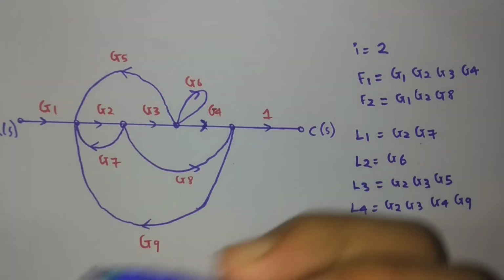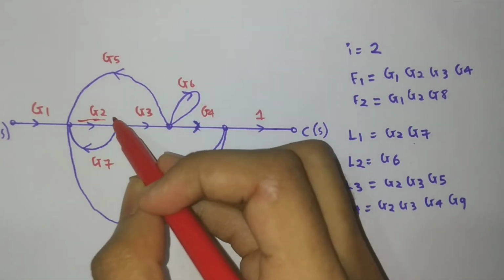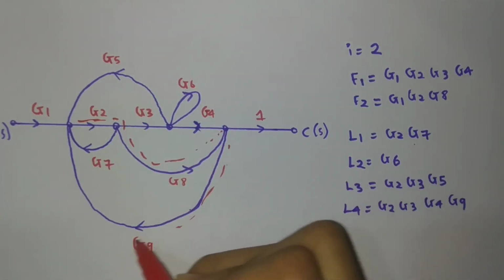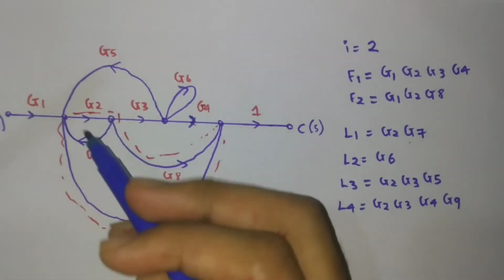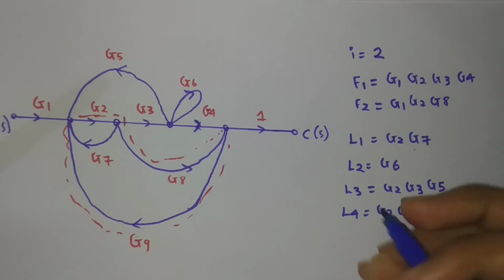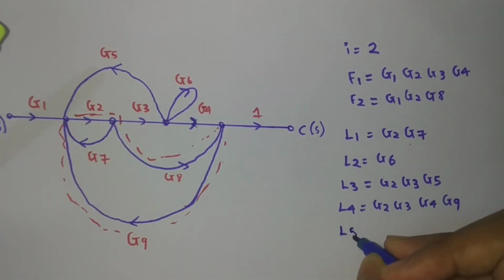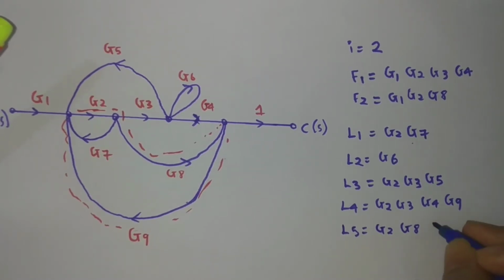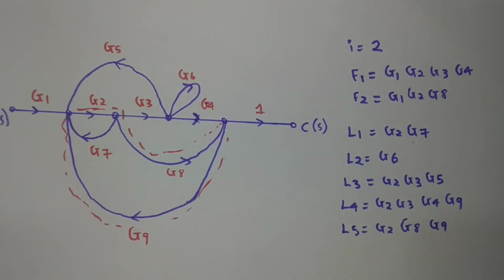So even this path that I am talking about, from G2 here G8 and then this point is again going back over here. So this whole thing is a loop. It is starting and ending on the same point. So we can write L5 as G2, G8, G9. So these are the 5 loops that we have found out.